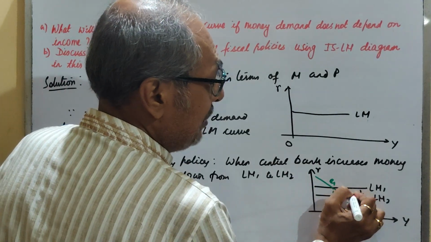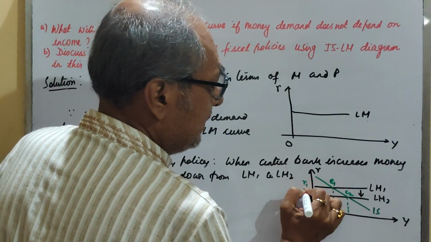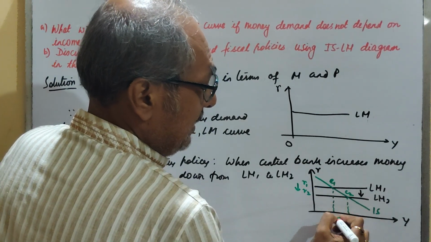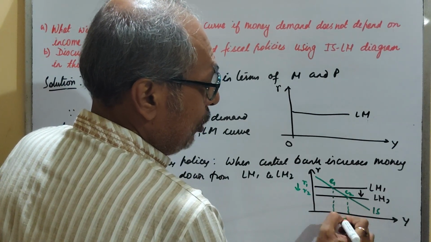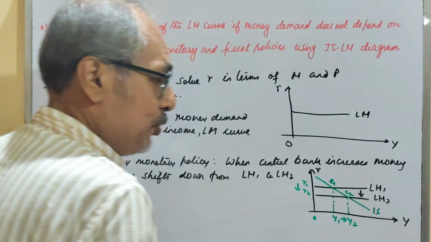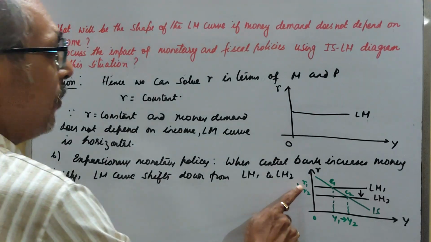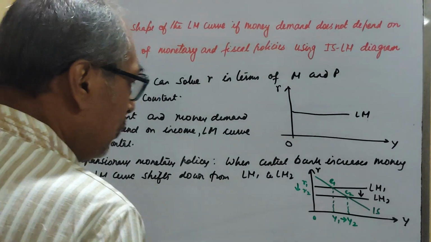E1 is the initial equilibrium point. E2 is the final equilibrium point, and the economy moves from E1 to E2. Output increases from Y1 to Y2. Rate of interest falls from R1 to R2.